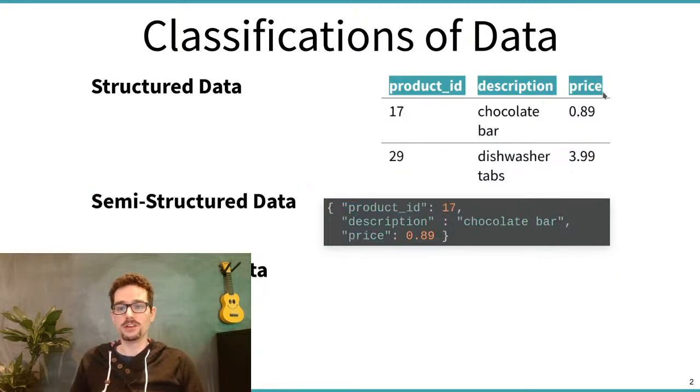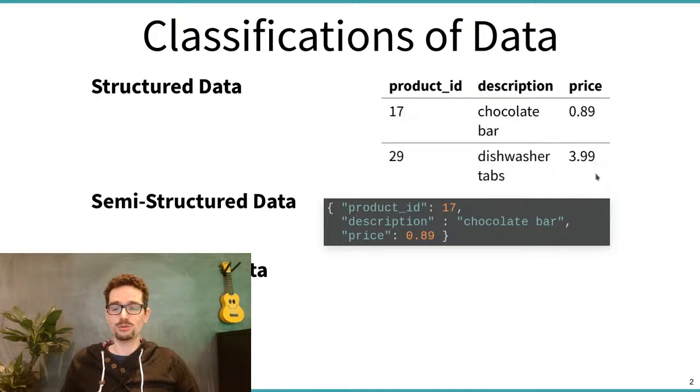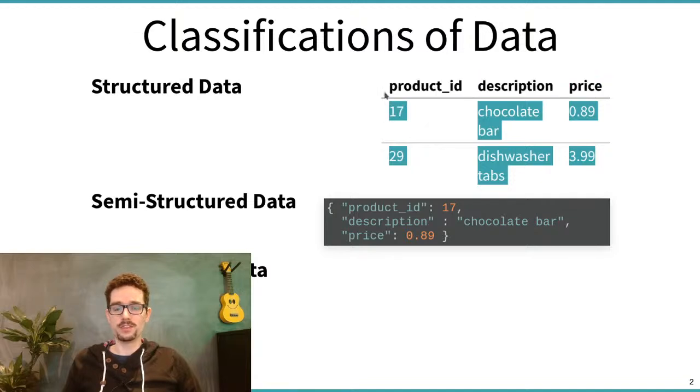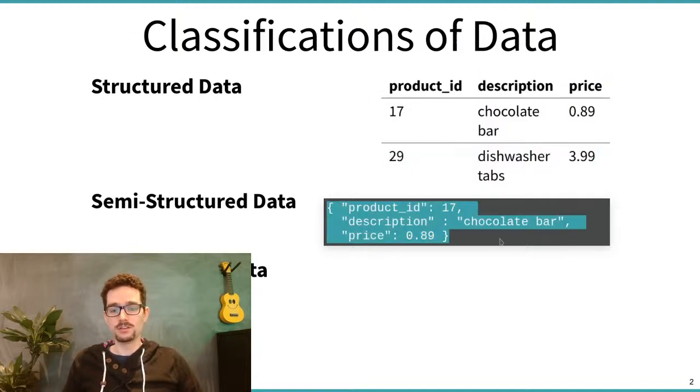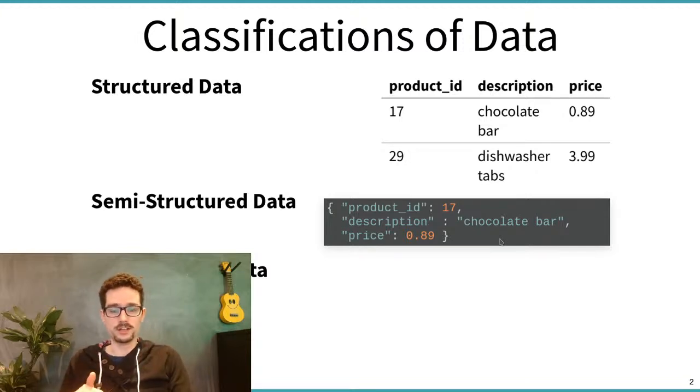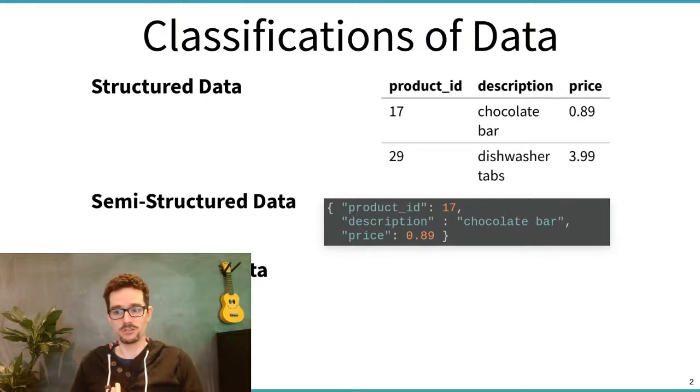Here we have the metadata on top, that's the column descriptions in this case. And the data, these are the instances, the values. They can be seen separately from the metadata. But here, the metadata is part of the data itself. When you load a JSON file, the metadata, the attribute names are part of the JSON file itself.